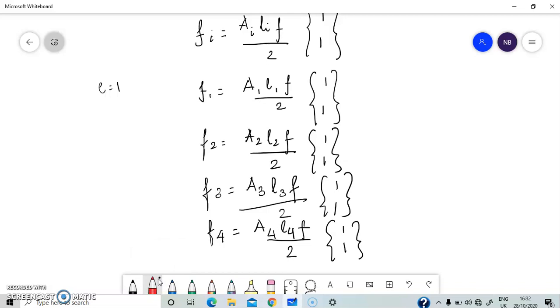So let's write down the degrees of freedom for this as well. So it is 1 2, 2 3, 3 4 and 4 5.